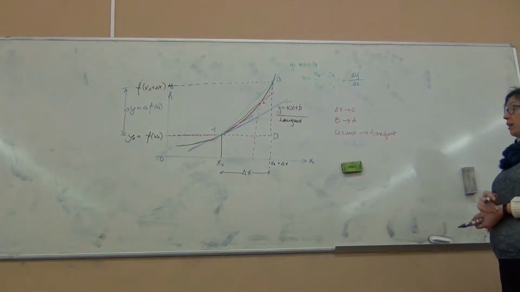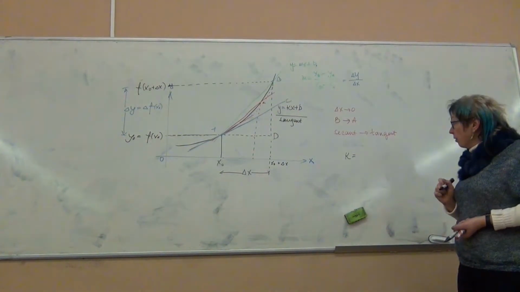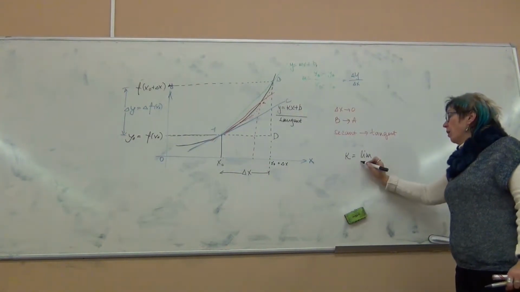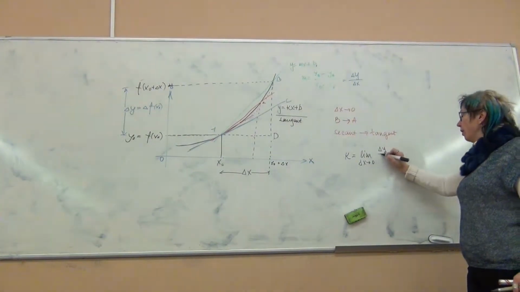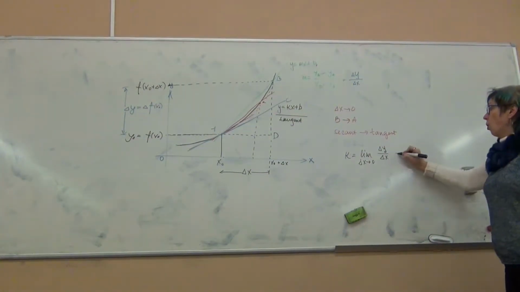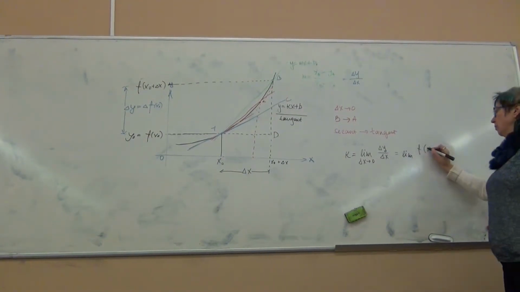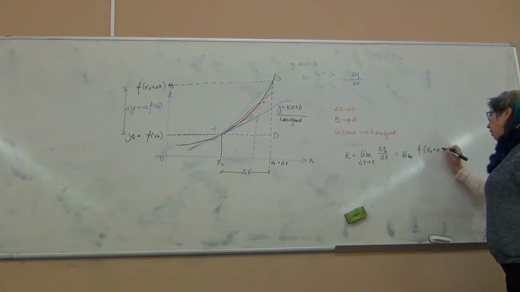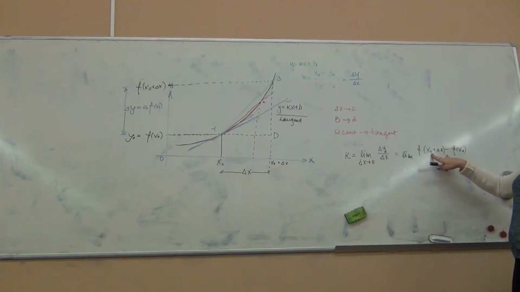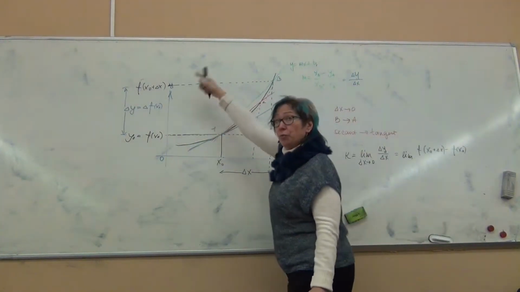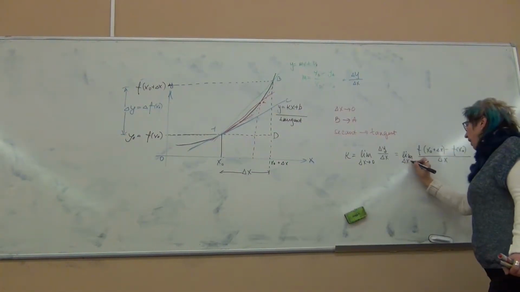For the tangent line, the slope k is the limit when delta x approaches 0 of the ratio delta y over delta x. Or I might say the limit of f at the point x0 plus delta x minus f at point x0, that's the delta y, the difference of these two values, divided by delta x, when delta x approaches 0.